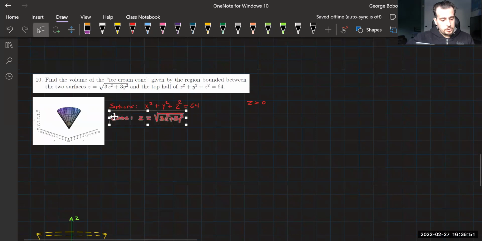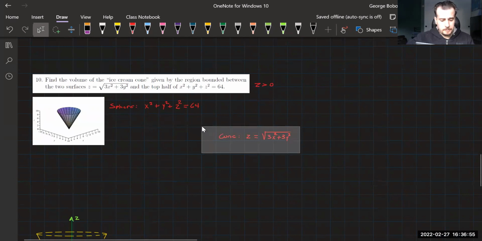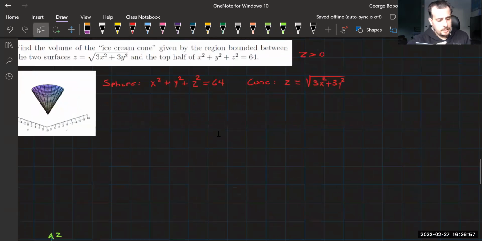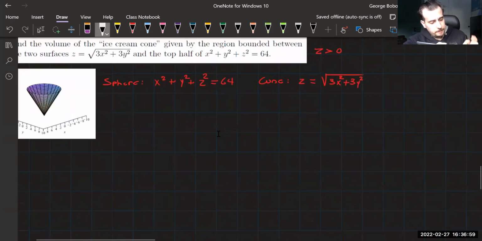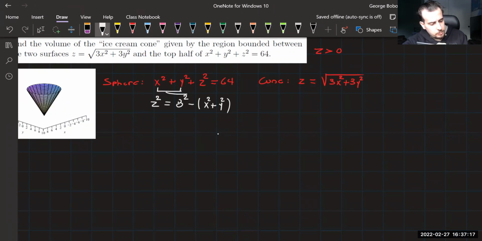I would express everything in terms of Z squared. Just by looking at it by eye, I think this is best. So we would have Z squared is equal to, let's write this as 8 squared, and then minus x squared plus y squared. Something like that. These move to the other side and become negative, and I'm just factoring the negative out.